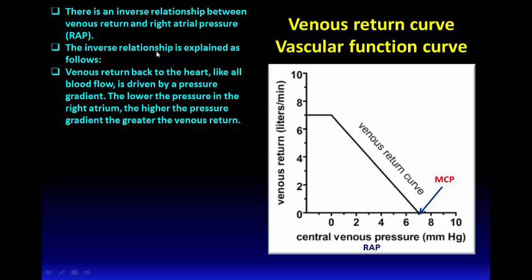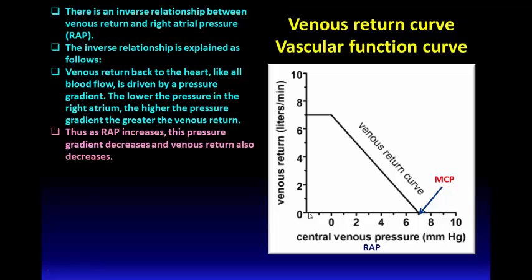This inverse relationship between the venous return and the right atrial pressure is explained as follows. As you all know, venous return is the return of the blood back to the heart. So like all blood flow, it is driven by a pressure gradient. The lower the pressure in the right atrium, the higher is the pressure gradient which drives the venous return, and hence the greater is the venous return.